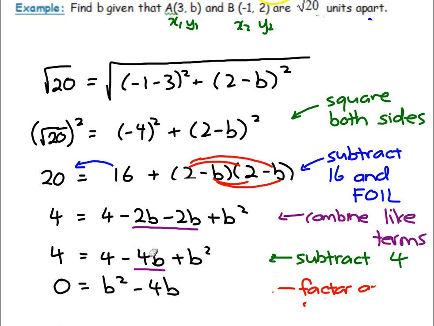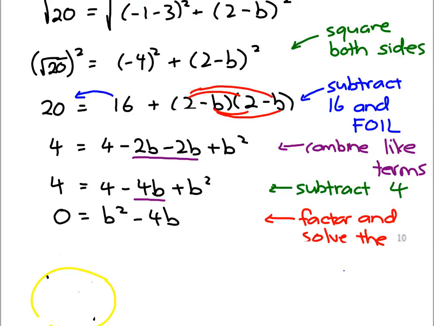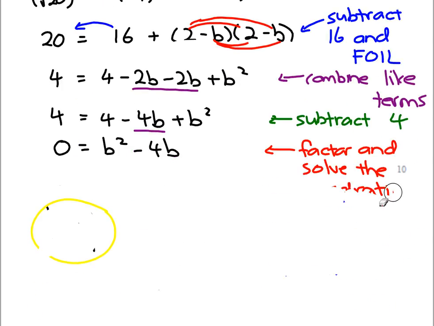Now, a good one to practice your factorizing again. Factorize and solve the quadratic. So we have a quadratic equation. You could use the quadratic formula, but this is a nice easy one to factorize. There's only 2 terms, so what's the common factor? Common factor is b. So we can write 0 equals b times something. b times what makes b squared? b times b. b times what makes 4b?